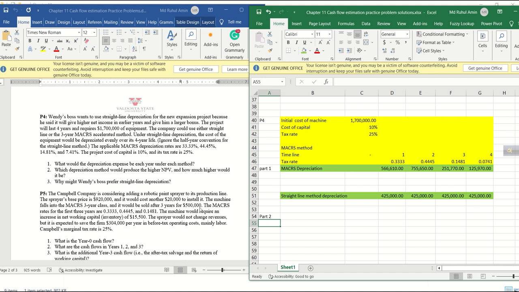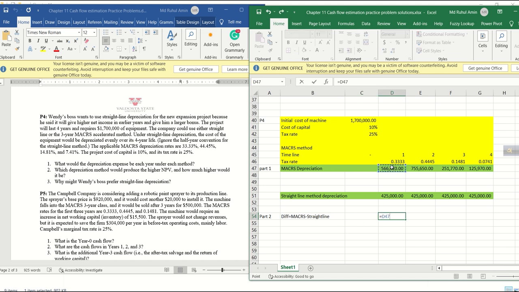Actually, for higher NPV, the depreciation matters. Depreciation actually saves some tax. So with our 25% tax, we need to consider the tax saving portion. So let's consider the difference: MACRS minus straight line.